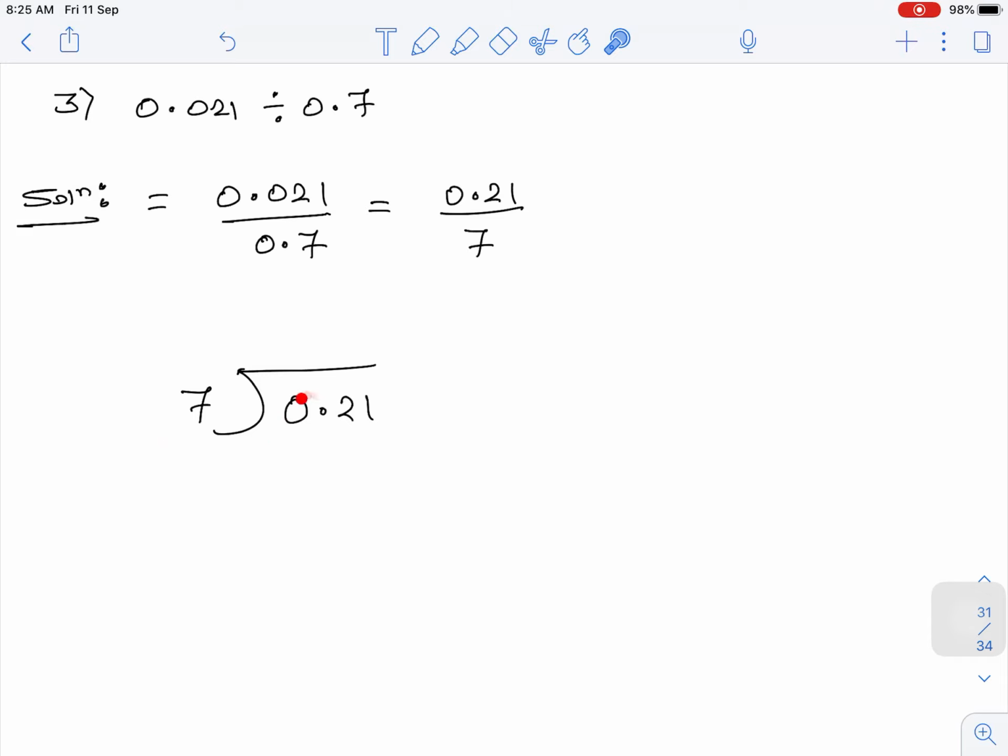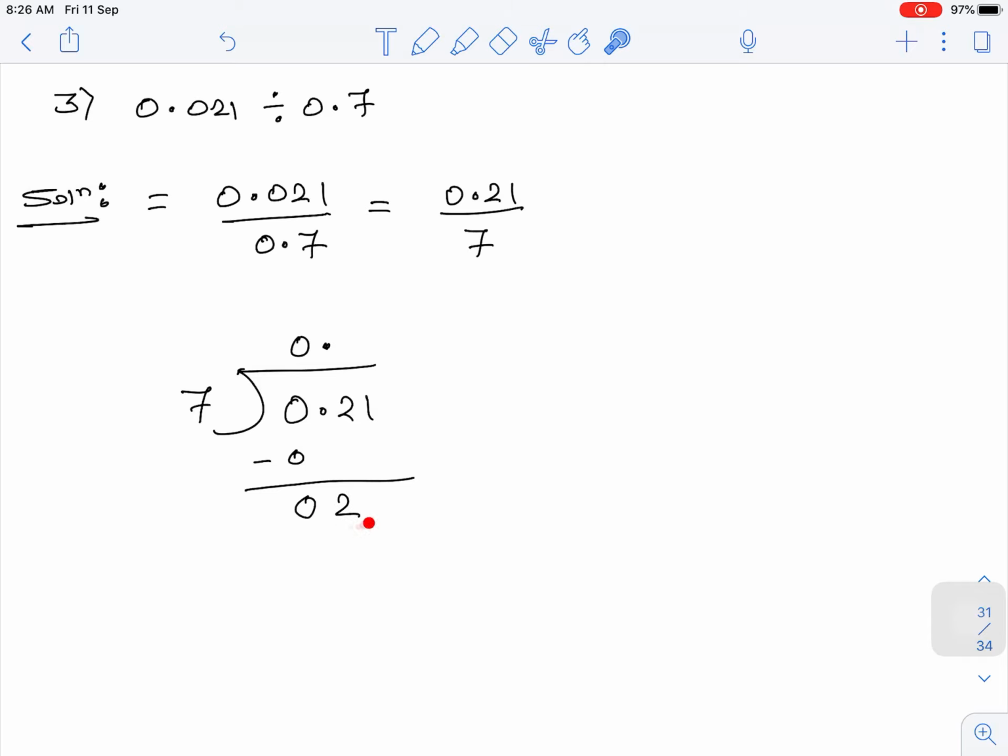Now the first number, that is 0, is not divisible by 7, so you'll write here 7 zeros are 0. Next we have a decimal over here, so we'll move this decimal, so it will come here. Now next 2 will bring down.